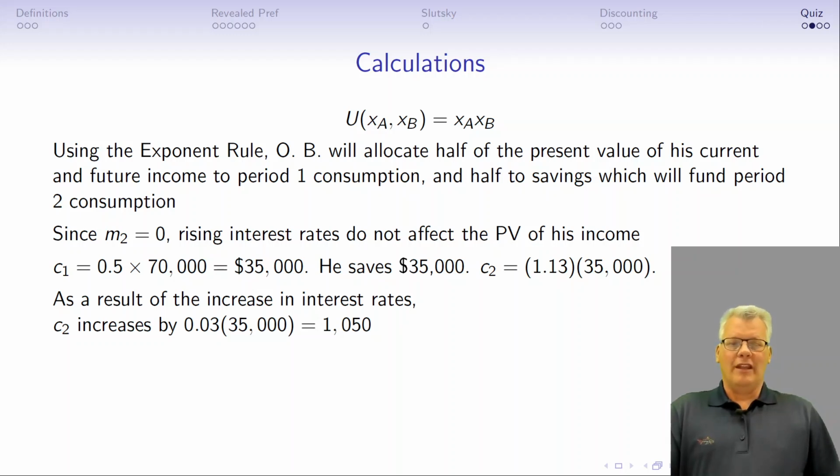We know that his savings are $35,000. The interest rate went up by 3%. So his increase in time period 2 consumption would be 3% of his savings amount, which was 35 grand. So his time period 2 consumption rises by $1,050 and everything else is the same.